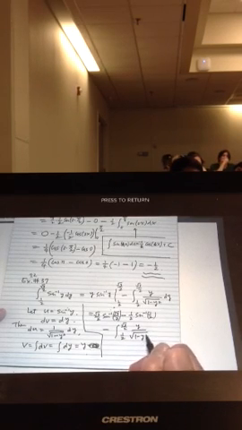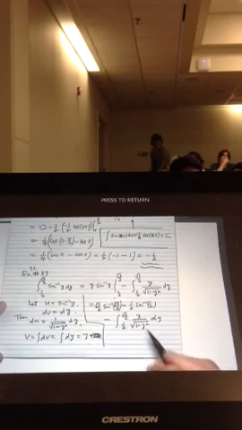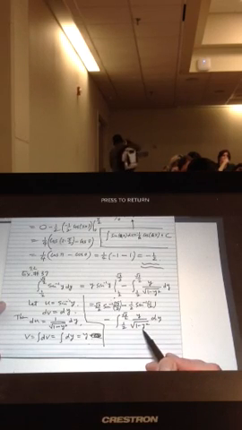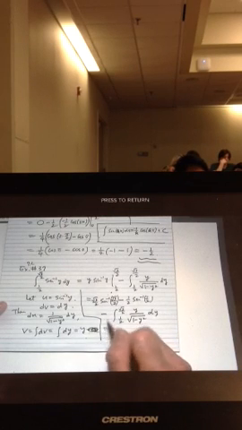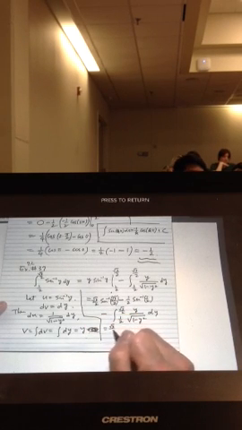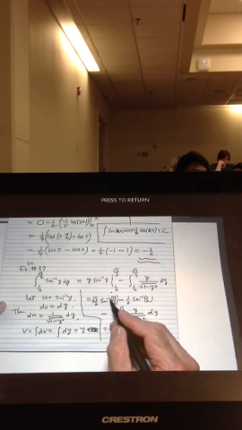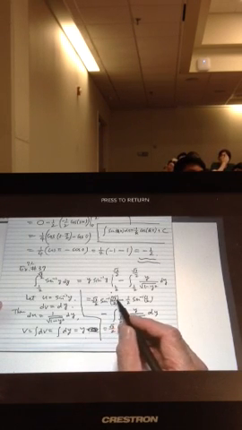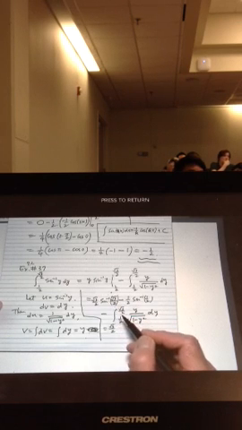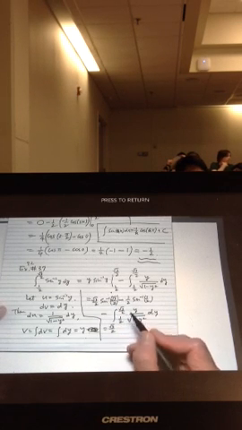Let me evaluate the first two terms before I do the third one, because the third one I have to do some integration. So square root of 3 over 2 times the inverse sine, now you can use a calculator. The inverse sine of square root of 3 over 2 is pi over 3.